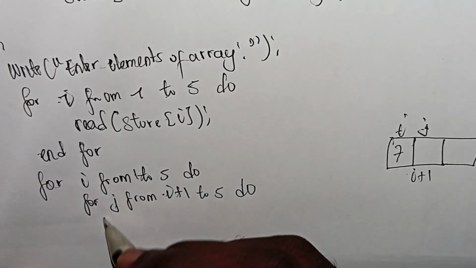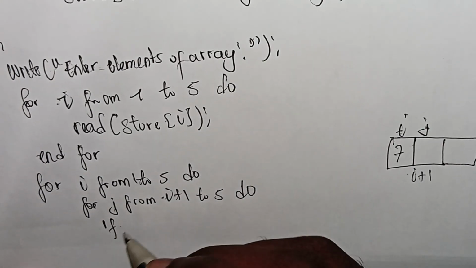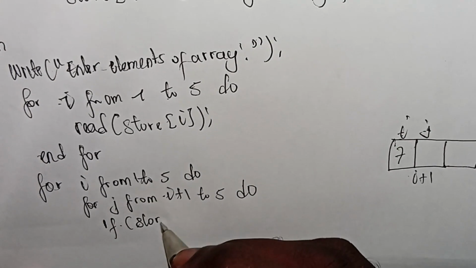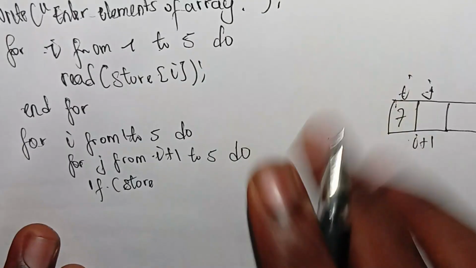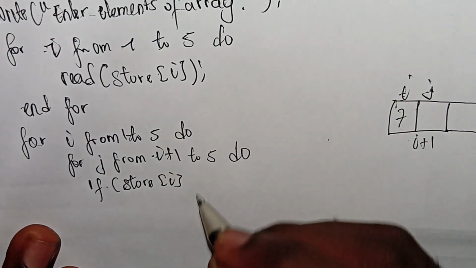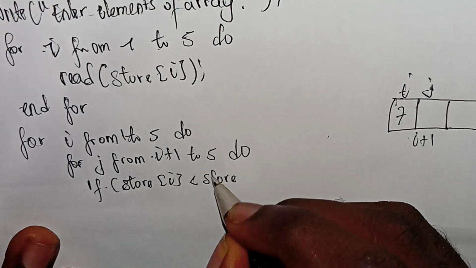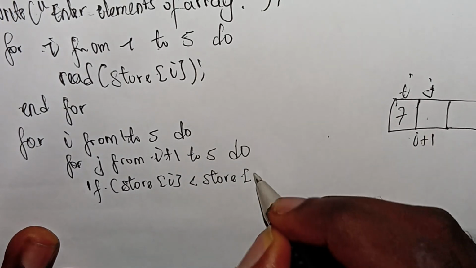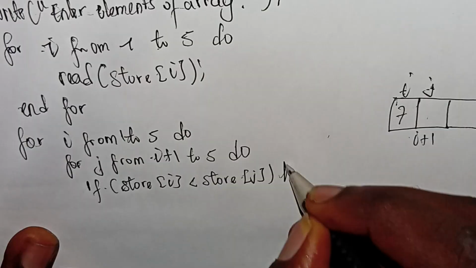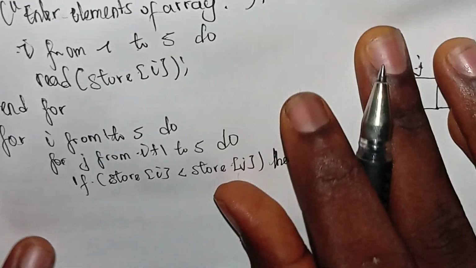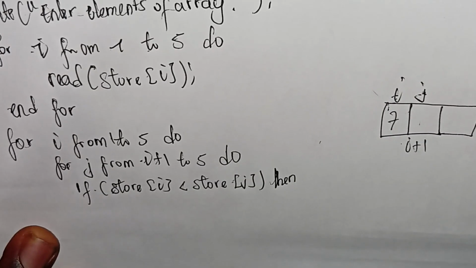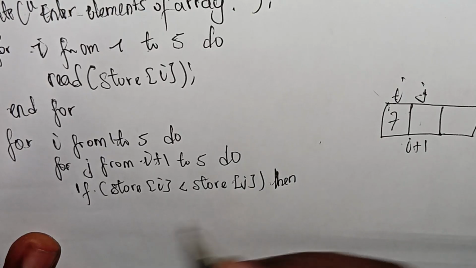Now we are going to need an if statement. If the store at the index of I is less than the store at the index of J, then we want to modify the value.